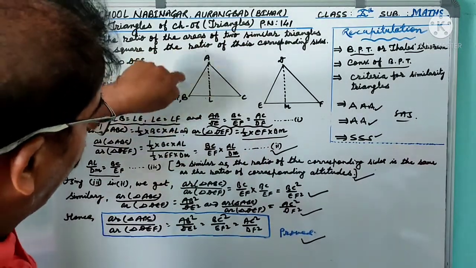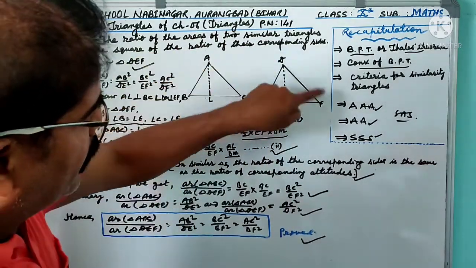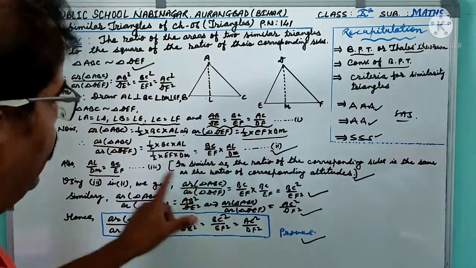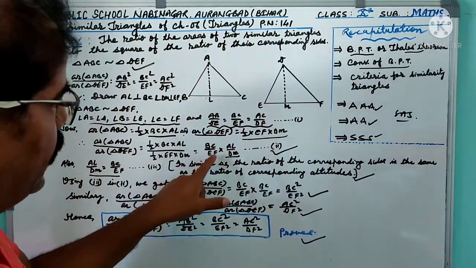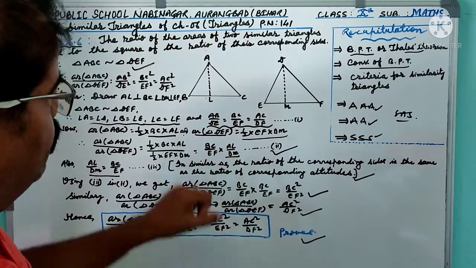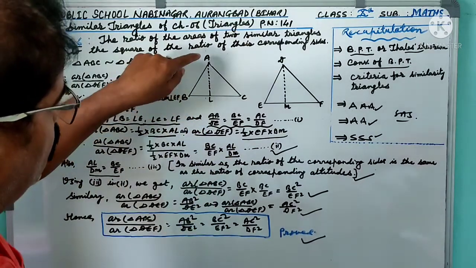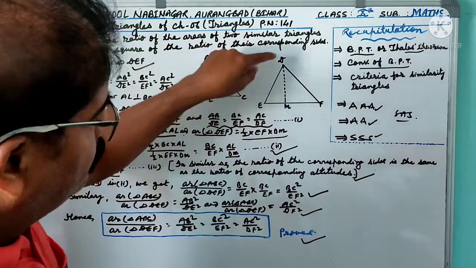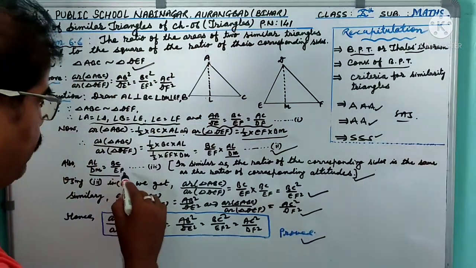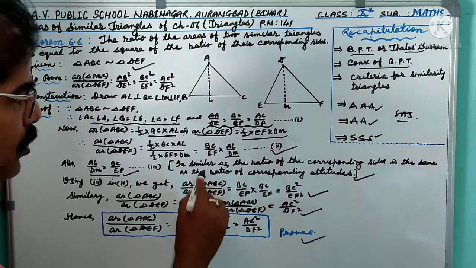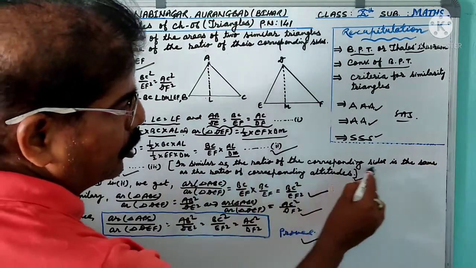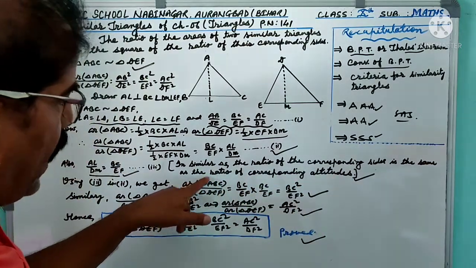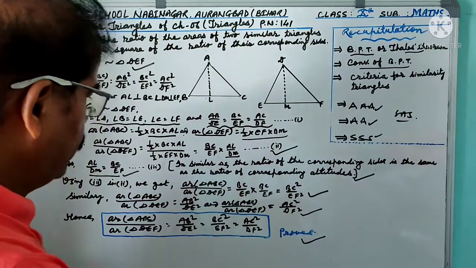Find the area of triangle ABC and area of triangle DEF, and dividing, you get BC by EF into AL by DM, and also AL by DM equals BC by EF, because in similar triangles the ratio of the corresponding sides is the same as the ratio of corresponding altitudes.